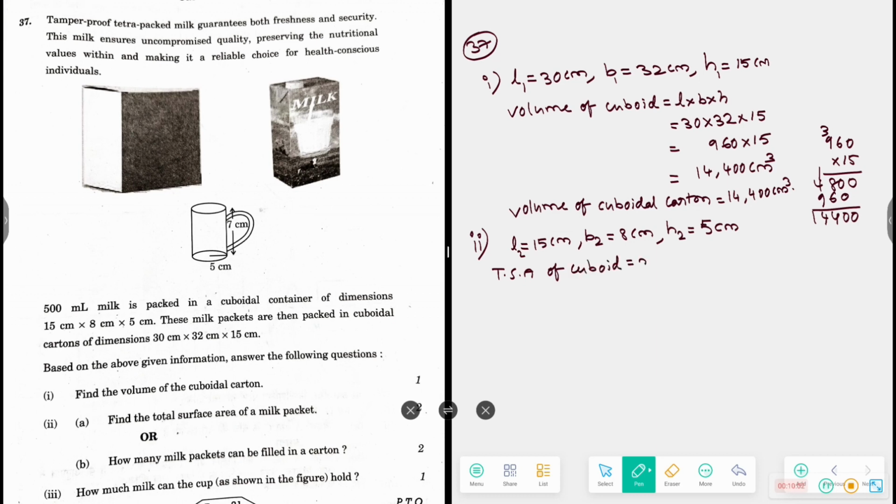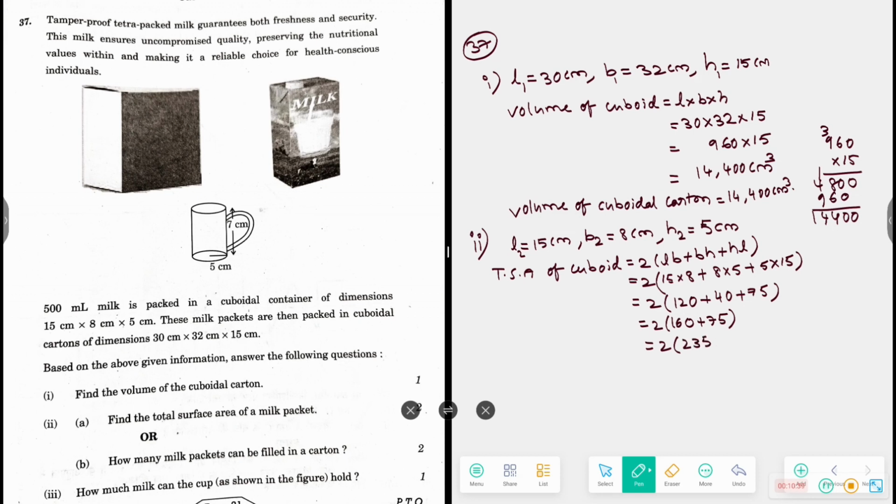TSA of a cuboid is 2 into (LB plus BH plus HL), that is 2 into (15 into 8 plus 8 into 5 plus 5 into 15), that is 2 into (120 plus 40 plus 75). 120 plus 40 is 160, so 2 into (160 plus 75), that can be written as 2 into 235, that is 470 centimeter square. This is the TSA of the milk packet.